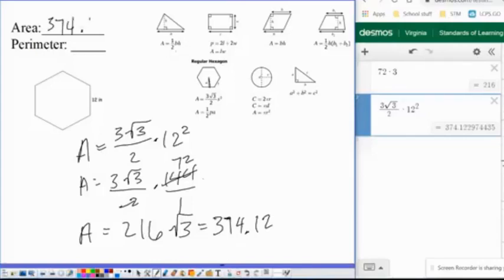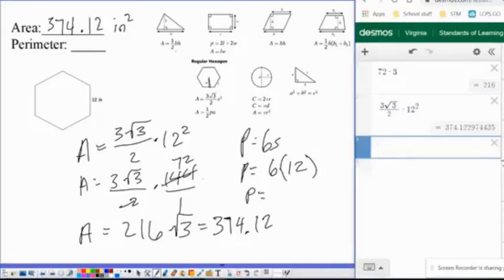So I have 374.12 inches squared. For perimeter, I have a regular hexagon, so that means all 6 sides are the same. So I can multiply one side length by 6, and I would have 6 times 12, which would give me 72. Okay, so the perimeter of this regular hexagon would be 72 inches.